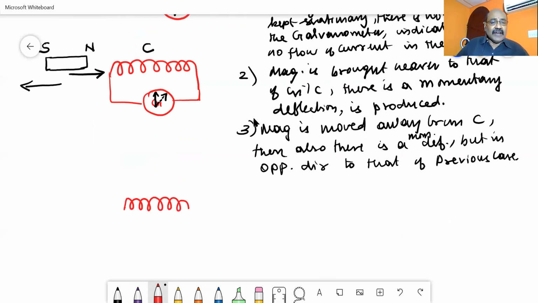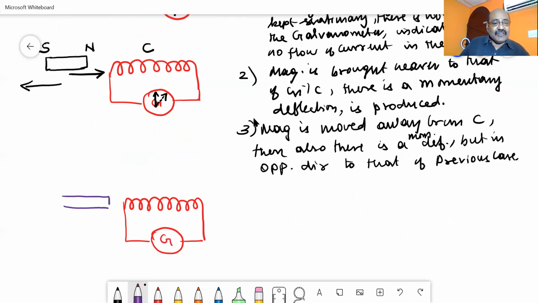The ends of the coil are connected to the galvanometer G. Now the magnet is placed in such a way that nearer to the coil you have the south pole, and the far end of the magnet, away from the coil C, is the north pole.